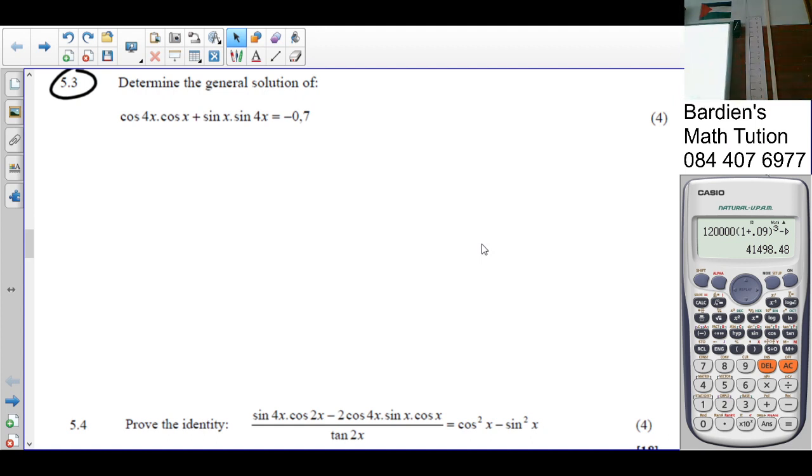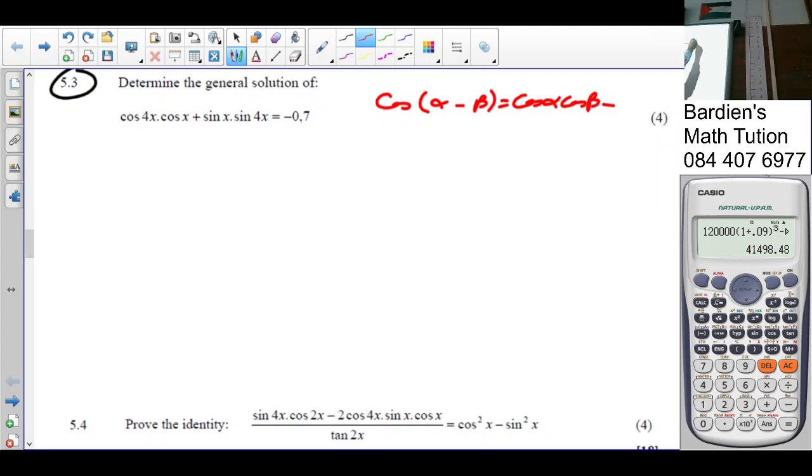Okay, so the general solution, we need to reduce this cos 4x cos x plus sin x sin 4x. So we know that cos(alpha minus beta) is equal to cos alpha cos beta plus sin alpha sin beta.